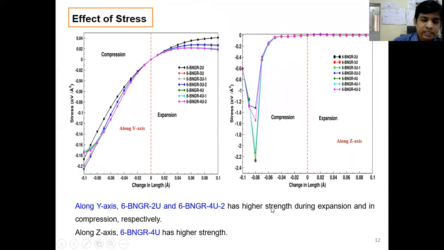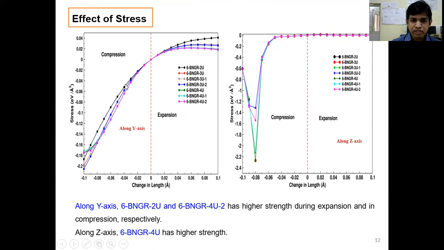Now when stress is applied, it is observed that the positive axis represents increasing the length, and negative represents the compression. During the expansion, we can see this black colored curve is shifted a little higher than the other curves, meaning the 2D layer hybrid has a higher strength during the expansion.